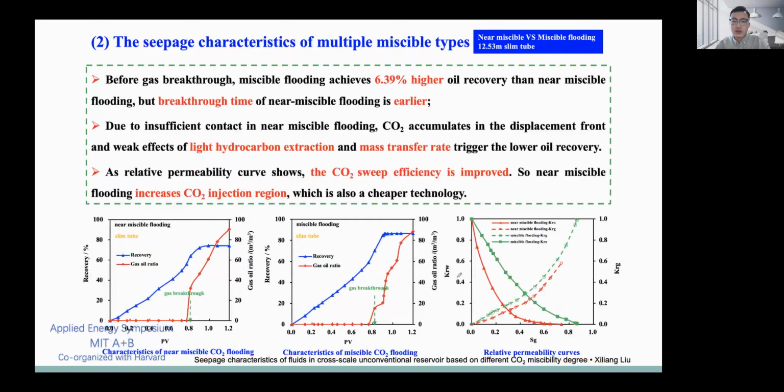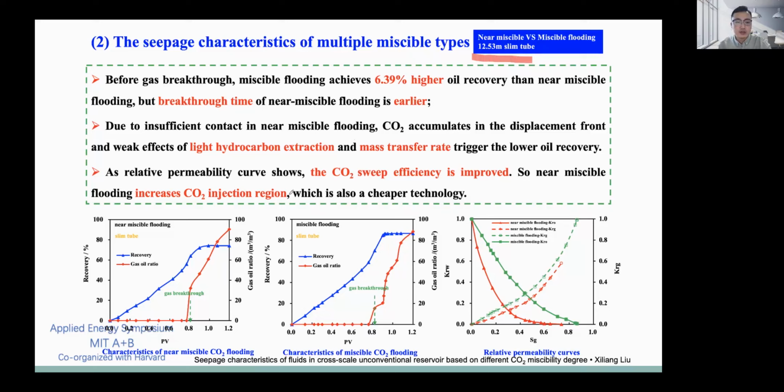Then we compared near-miscible flooding with miscible flooding based on a 20 meters slim tube. The result showed before gas breakthrough, miscible flooding achieves 6% higher oil recovery than near-miscible flooding.